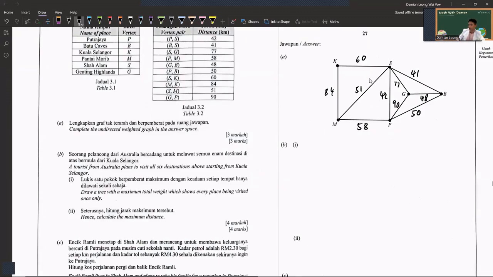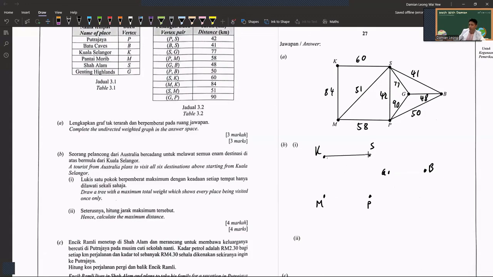So we want the same vertices, K, S, G, B, P, M. Starting from Kuala Selangor, either go KS first or KM first.